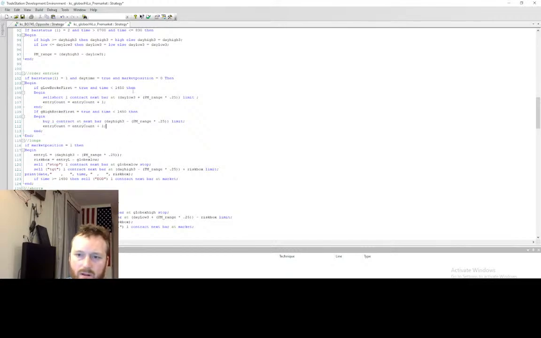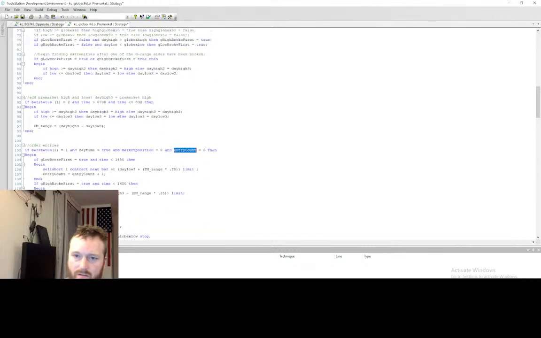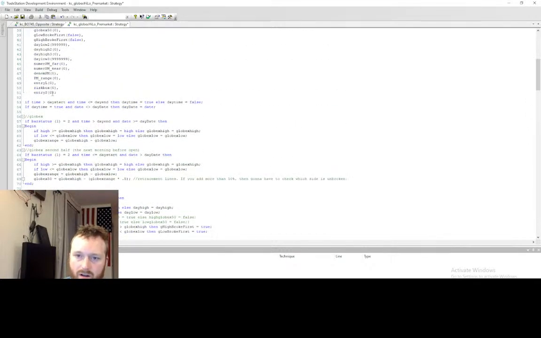And we can only enter if entry count is 0. So if entry count is equal to 0, you can place a trade.